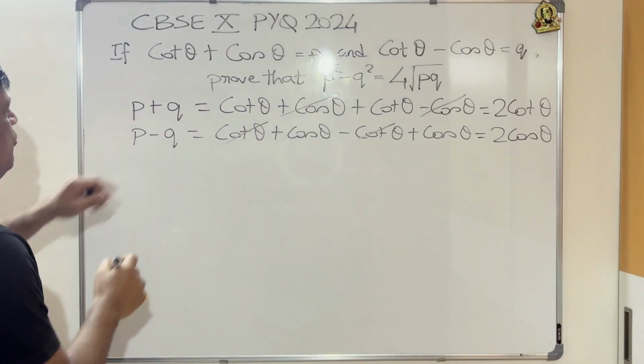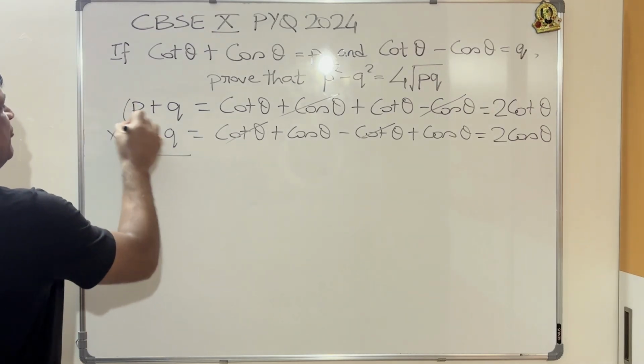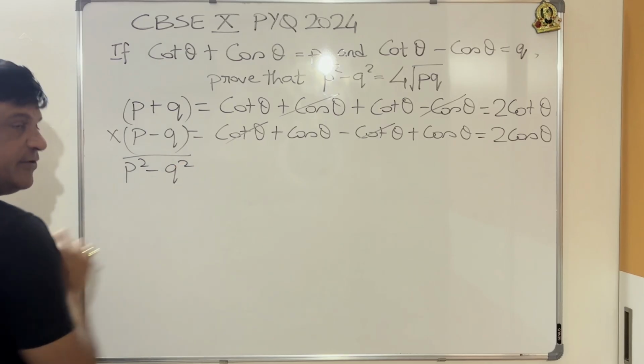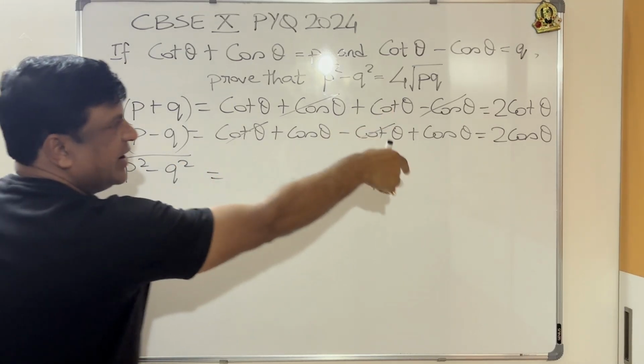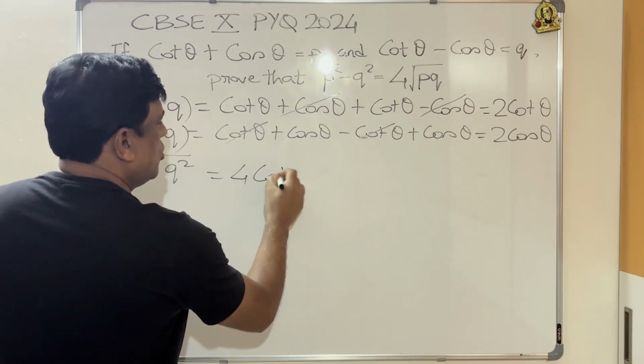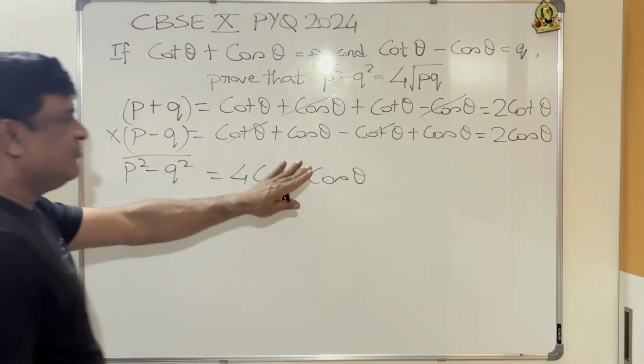Now look at it. When you multiply these two expressions, you get P square minus Q square. So similarly, let's multiply those two. You get 4 cot theta times cos theta. That is what you have.